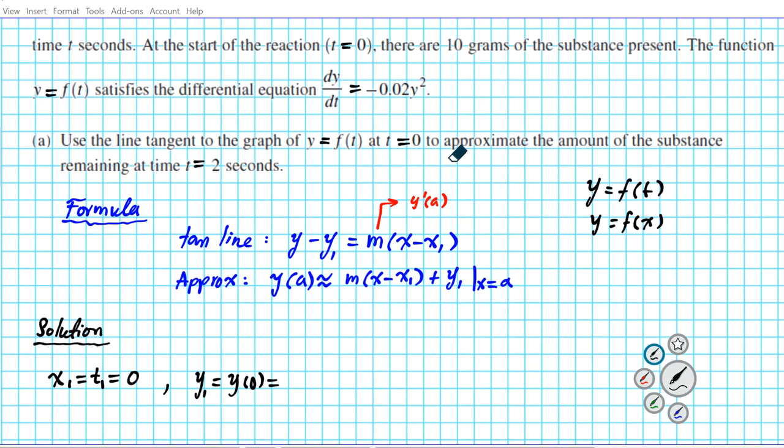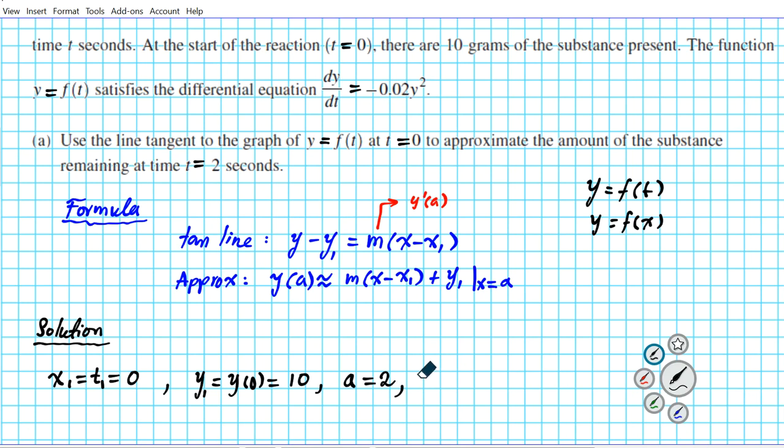Excellent. So we have y sub 0 is 10. Now in the second part of part A, we're looking for the amount of the substance at time t equals 2. So that's our a value. That is what we're estimating. So a is equal to 2. We're going to use this at the end.